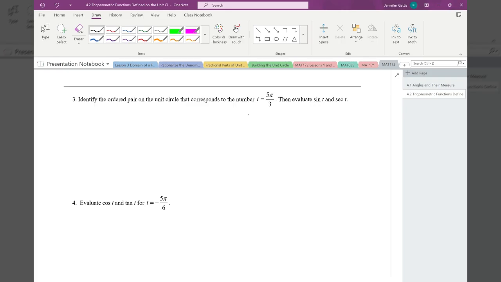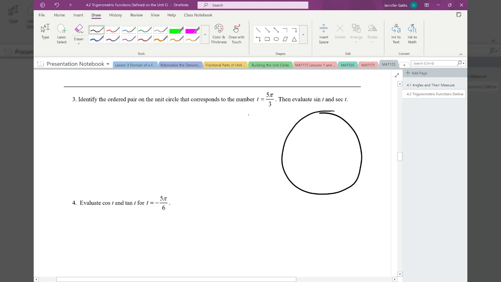Where is 5 pi over 3 on the unit circle? Well, if we consider that we have 0, pi over 2, pi, and 3 pi over 2, okay?